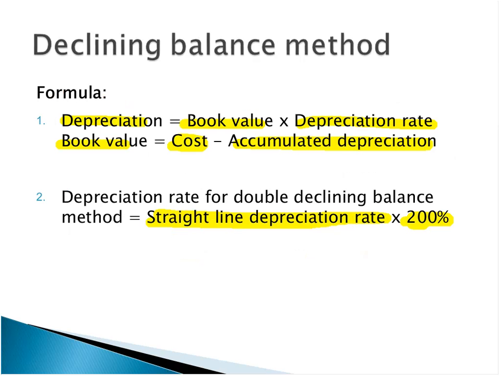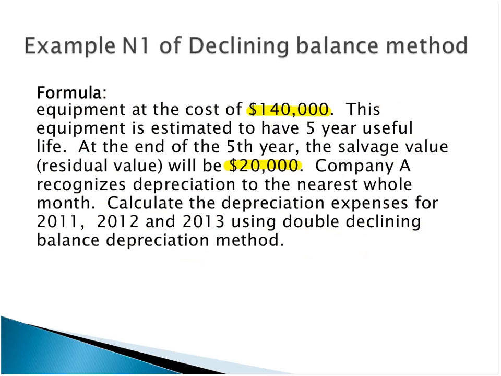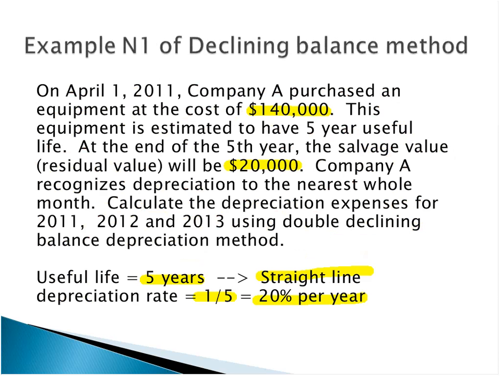So, for the depreciation rate for the double decline method, you have to take the straight line depreciation rate and multiply by 200, to just double it. To find the double decline rate, you have to double the straight line rate. Okay. The straight line rate was 20%. Why? Here, I want to show you.